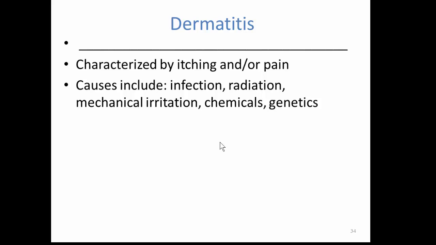Dermatitis can be caused by lots and lots of different things. Okay? Infection, radiation, mechanical irritation, chemicals, genetics. Let's look at a few examples. I don't know if you've ever seen this before. I had this on both of my legs several summers ago, and this is poison ivy.